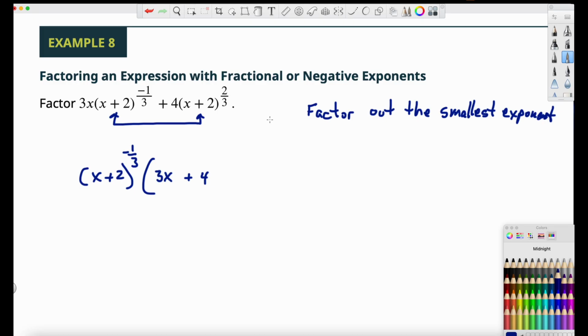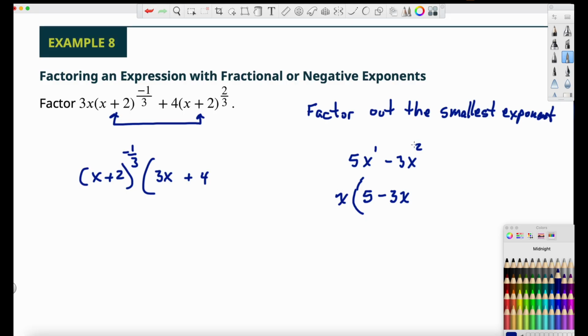Okay. Now, when I factor out, let's just say I had 5x minus 3x squared. Okay, let's just do a little side note or example here. When I factor x out of this, common factor here, and by the way, this is x to the first, so this is the smallest one still, right? 1 is smaller than 2. So I'm left with 5 minus 3x.